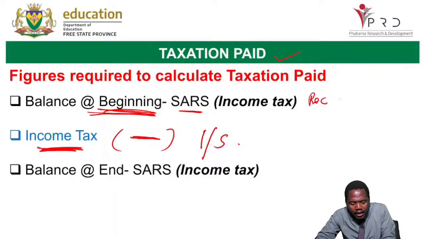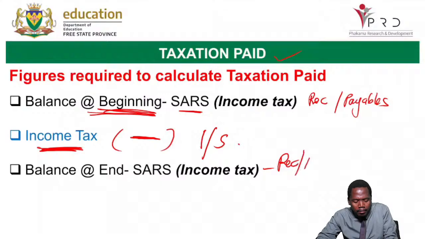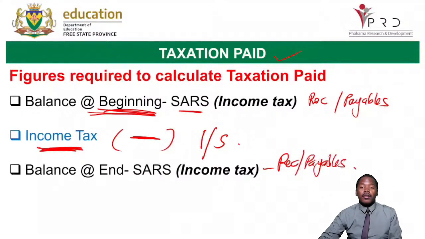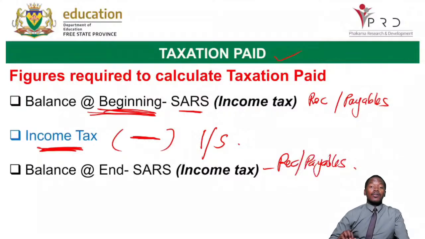The same thing applies to the balance at the end for SARS. You may get it under receivables or under payables. So these items may have unpredictable signs depending on the side they are at. Then you'll have to use the correct sign. But we are going to elaborate on these soon.